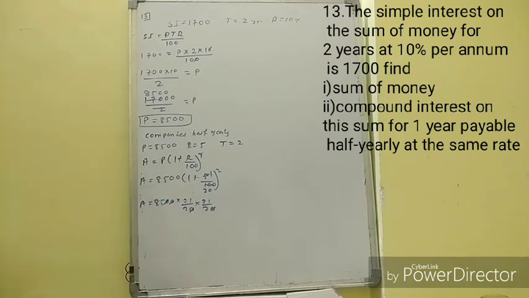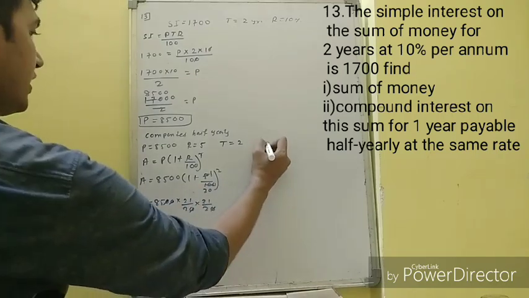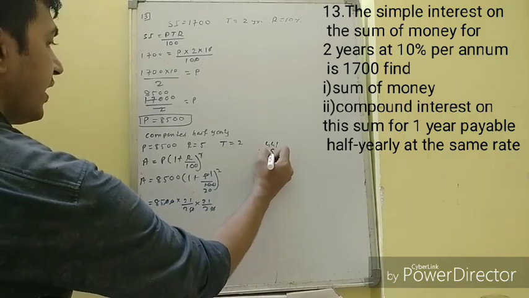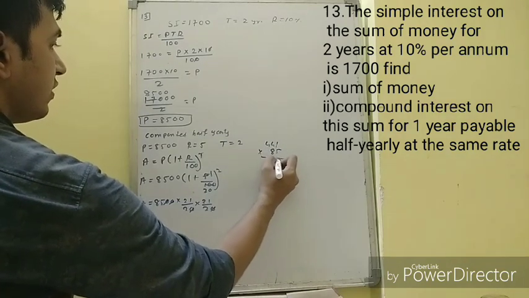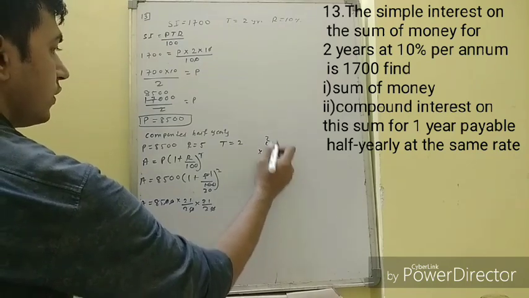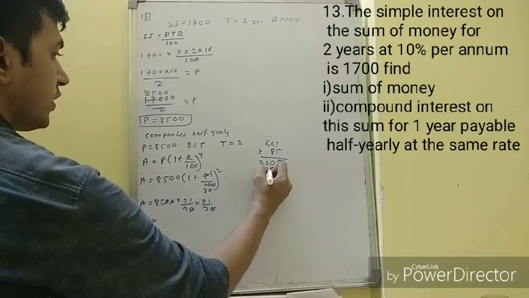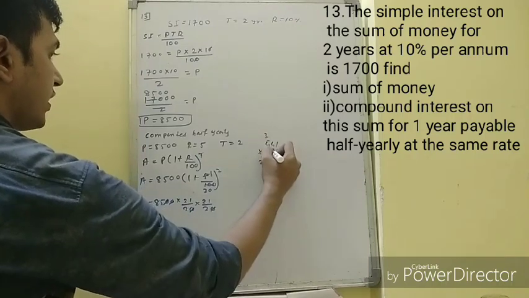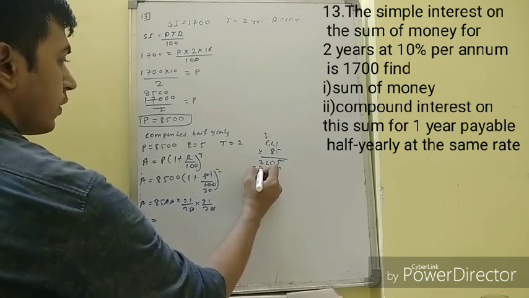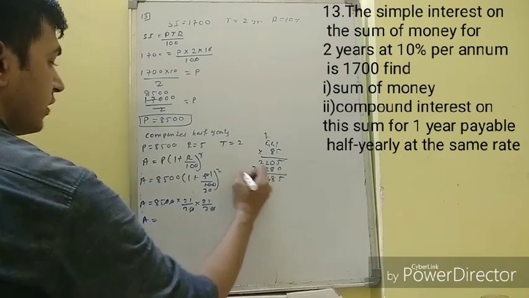Okay, so we have amount is equal to 21 into 21, it is 441, square of 21, multiply by 85. 5 ones are 5, 5 fours are 20, 5 are 20, 22. Now 8 ones are 8, 8 fours are 32, 3 carry, 8 fours are 32, 33, 34, 35. Okay, so we have 5, 8, 4, 7, 3.